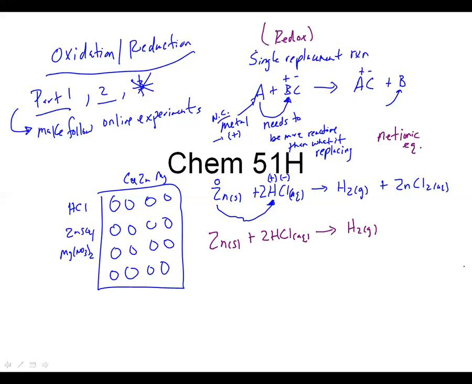We could actually, again, figure out what's going on here. Oxidation state of our zinc, 0. Oxidation state of our hydrogen, +1. Our chloride, -1. Oxidation state of hydrogen in its natural state is 0. Oxidation state of the zinc over here is +2. And again, our chloride is -1.